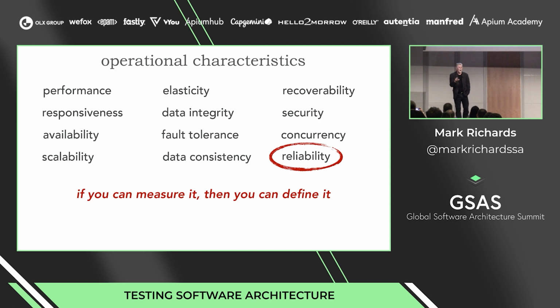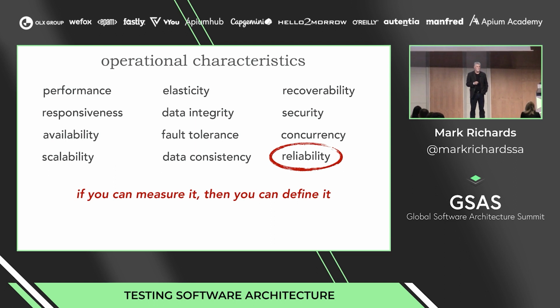Now, most of us know what scalability is or availability, but let me ask you a question. What's reliability? How do you define reliability? We are charged with making sure that our systems are highly reliable. Yeah, okay, I can do that. We all know what it is. But how do you define it?